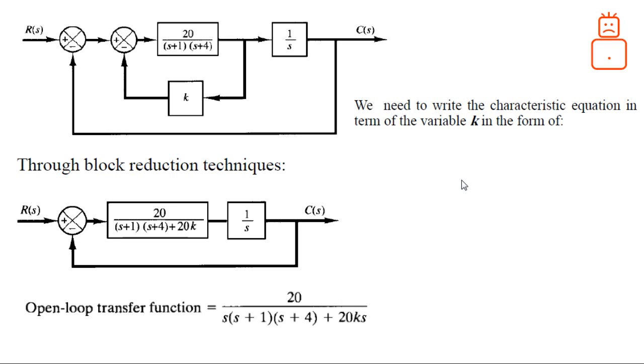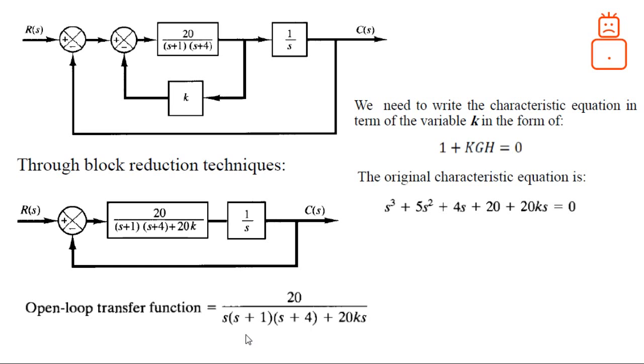So we need to write the characteristic equation that comes out from this transfer function in the standard format, where we have 1 plus the variable k that we want to know the root locus for, multiplied by the open loop gain of the function. To do that, we have the original characteristic equation, which is the denominator here.